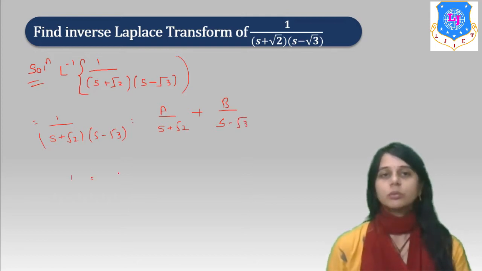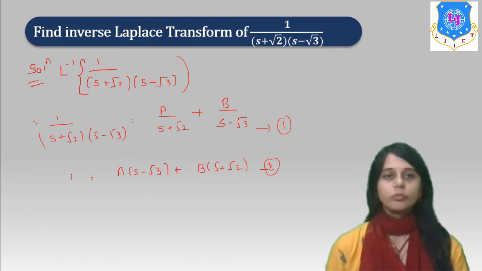So 1 equals A(s minus under root 3) plus B(s plus under root 2). This is our equation 1, and this is our equation number 2.